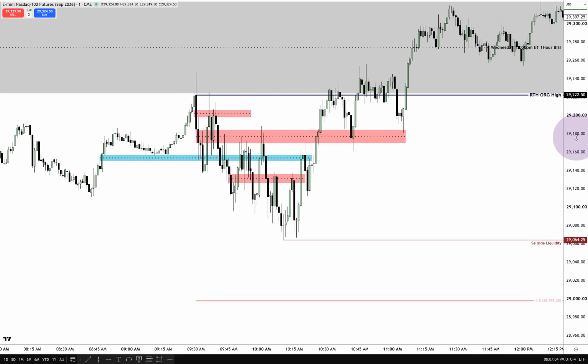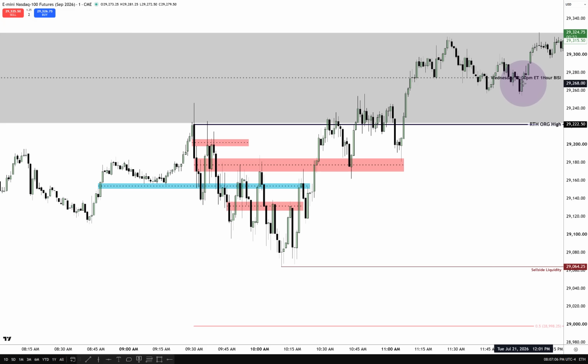The hourly buy side imbalance, sell side inefficiency, which I've been using for the last few days. The reason why it's important is number one, it's an hourly chart, and it's part of an old swing low in price action on the hourly chart.